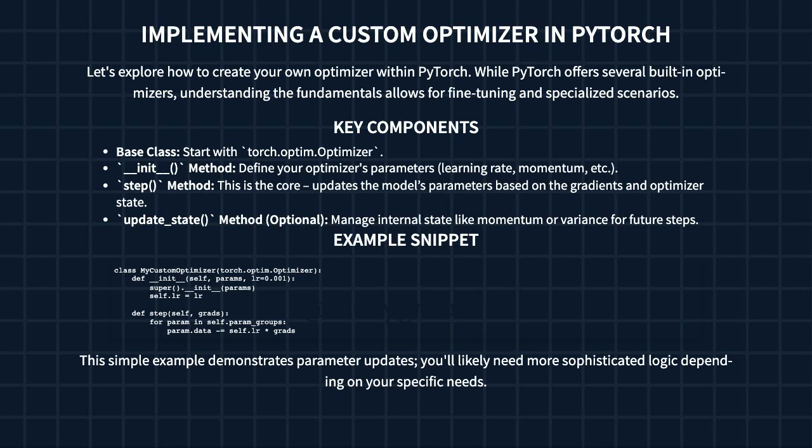This is where the magic happens. It updates the model's parameters based on the gradients and its internal state. You might also have an optional update state method if you need to maintain any internal variables that change over time, like momentum or variance. Think of it as a way to customize how your model learns. This code example shows a really basic implementation.